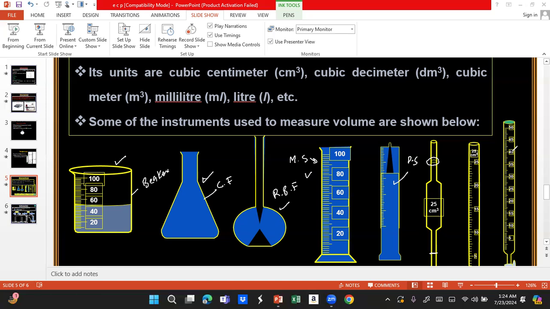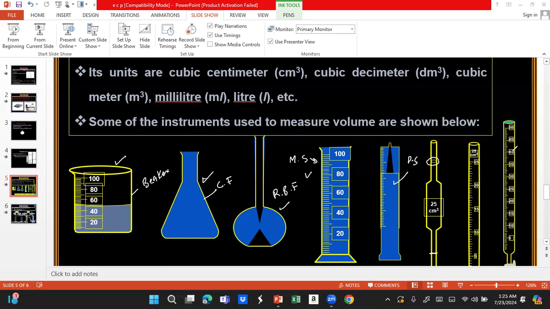In the last, we will summarize what we discussed today. We discussed how to measure mass, devices to measure mass: electronic balance or digital balance, not a beam balance.